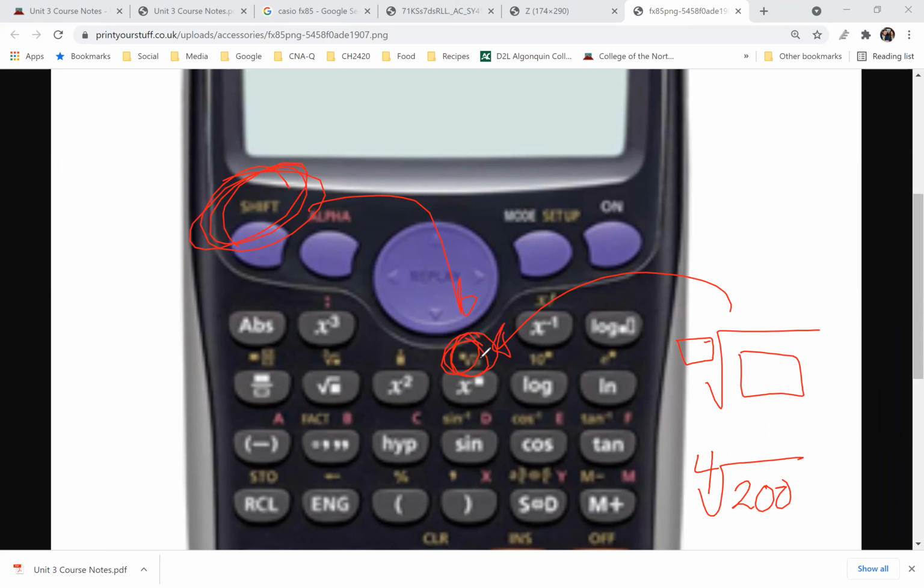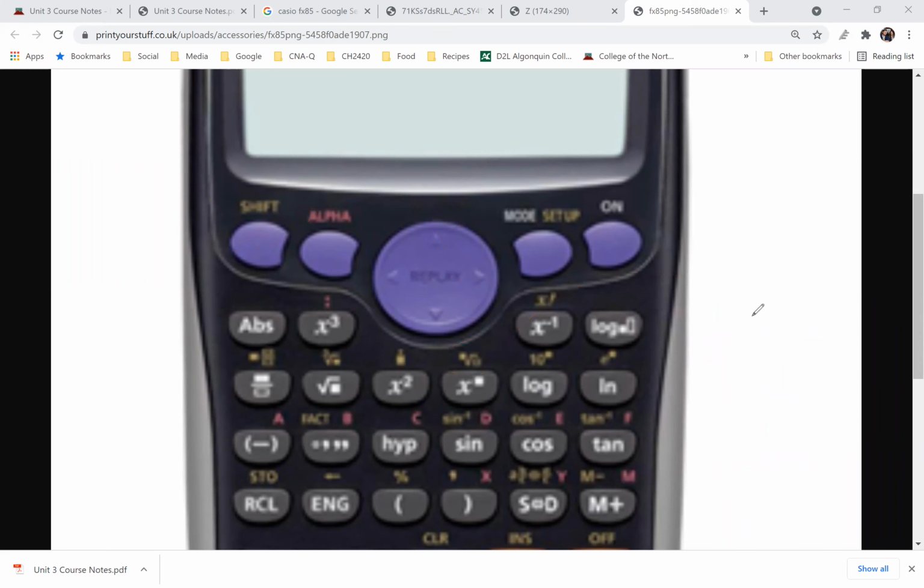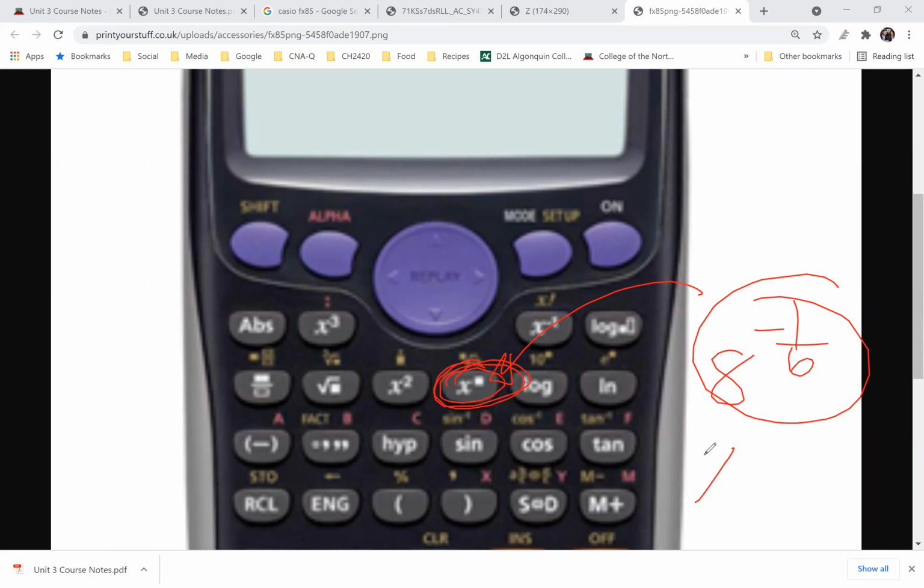Now, keep in mind, if this question was on a test and it said solve 16 to the negative 1/6, just press this button. It says X and then the box. Just put 16 for the X, and then in the box you would put negative 1/6.